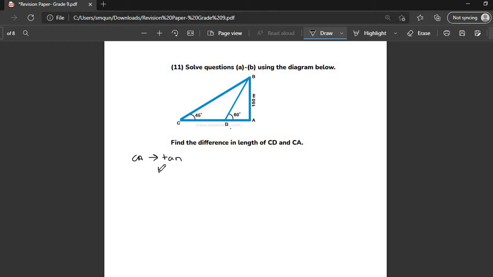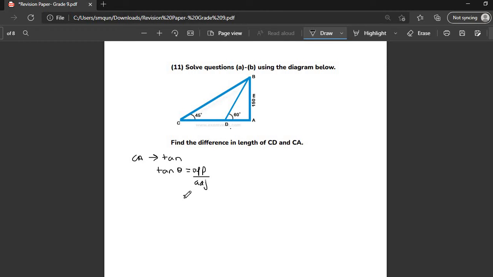So I'm going to write the trig ratio for tan. Tan theta is equal to opposite over adjacent.